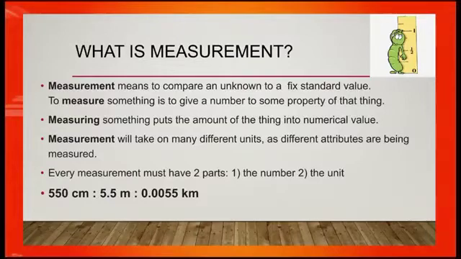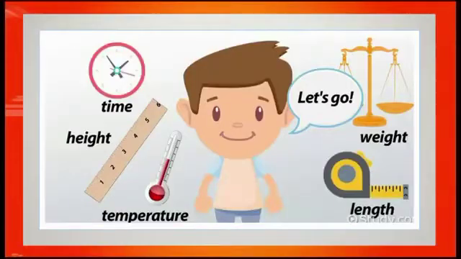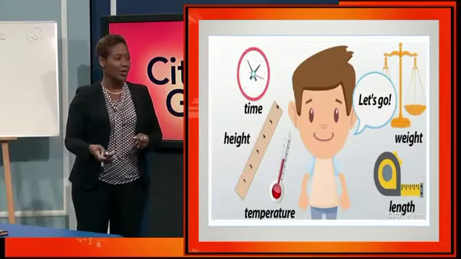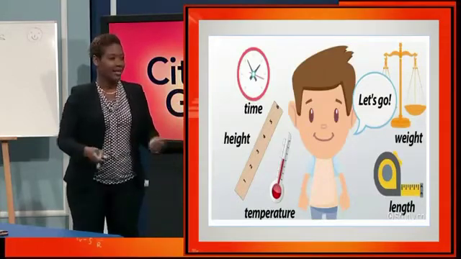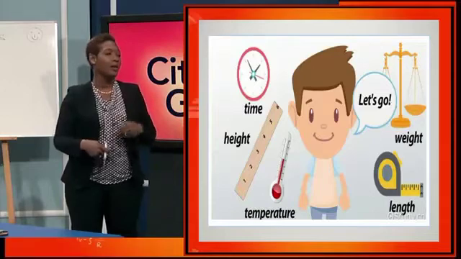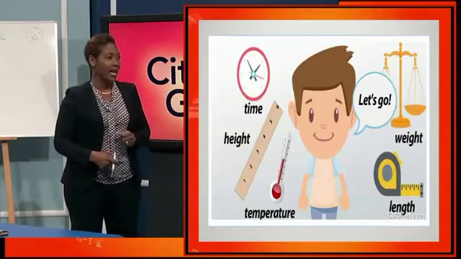As you can see, there is a numerical part and a unit when you're measuring. Now, there are several things that we measure in our everyday life. Time, and that has a numerical part and it has a unit. You have height, temperature, weight, length.